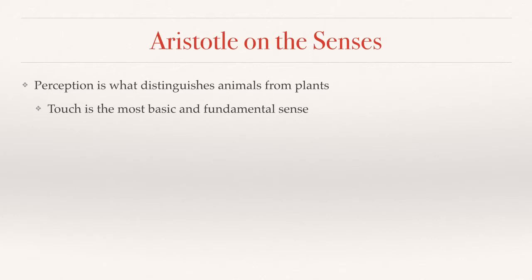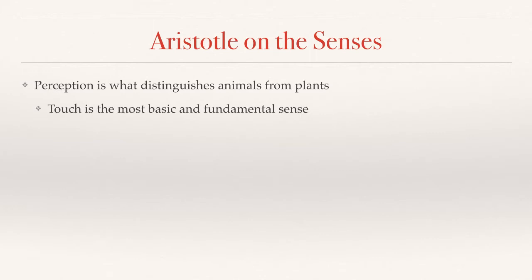So that's an interesting claim that he makes, that you have to have some kind of sense organ as well as be capable of perception, and that every kind of animal, not every particular individual animal, but every kind of animal is exactly an animal because of having this ability.